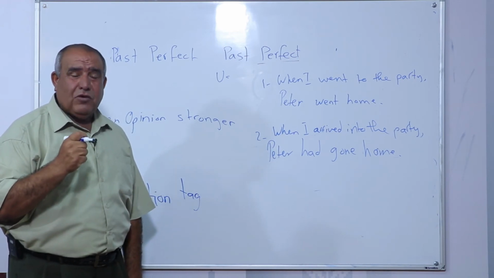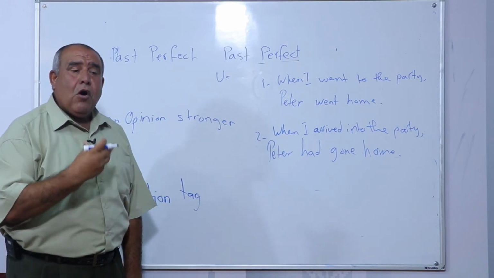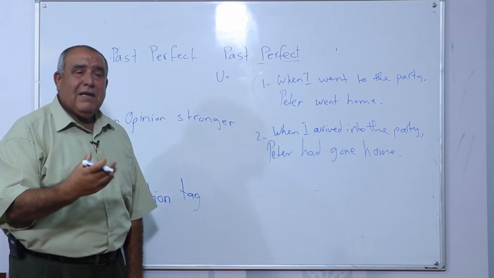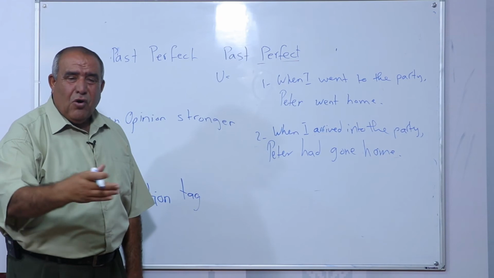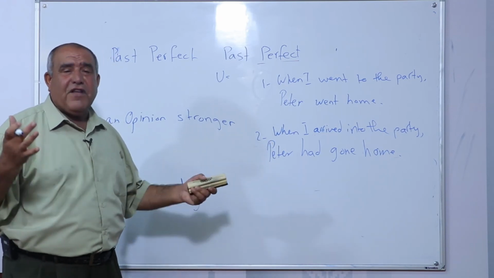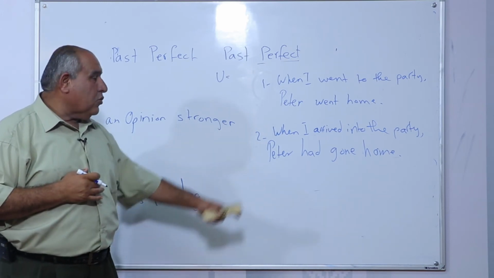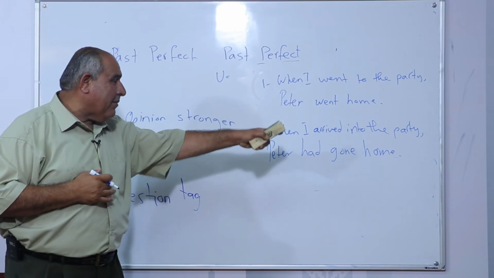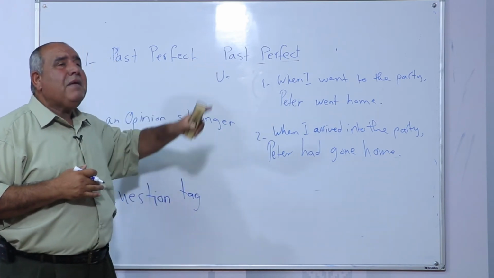When we talk about the past simple tense, there is a chronological order of time actions. The actions happened one after the other in an ordered time. But when we talk about the past perfect, there is a difference in time between the two sentences. So arriving at the party was at a given moment in the past, and going home was maybe long before that.